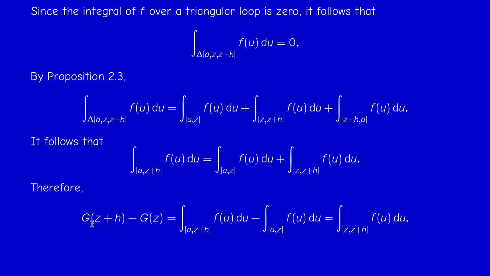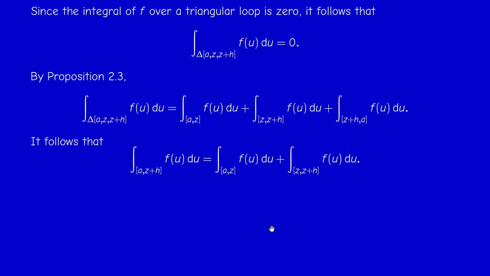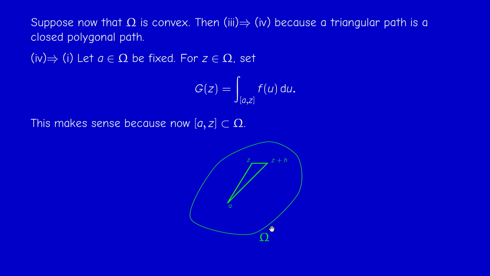I just take the difference. So now capital G of Z plus H minus capital G of Z is the difference of these 2 integrals, which is just the integral from Z to Z plus H. And we can also subtract H f of Z and repeat the same procedure. If you forgot, you can go back.